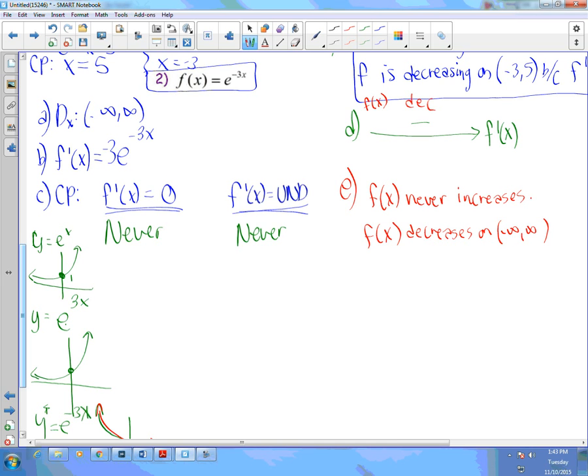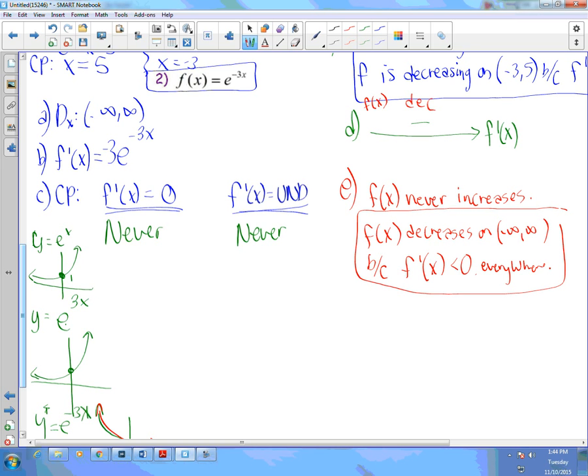Negative infinity to positive infinity, because always justify it. How do we know this? Because f prime of x is less than 0 everywhere, right? Really, we can just stop even here. f prime of x is less than 0 always.